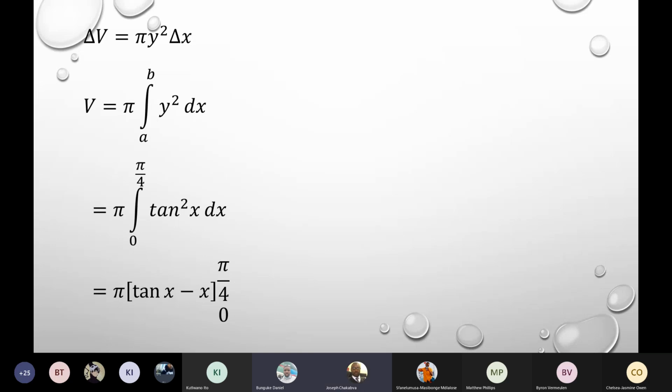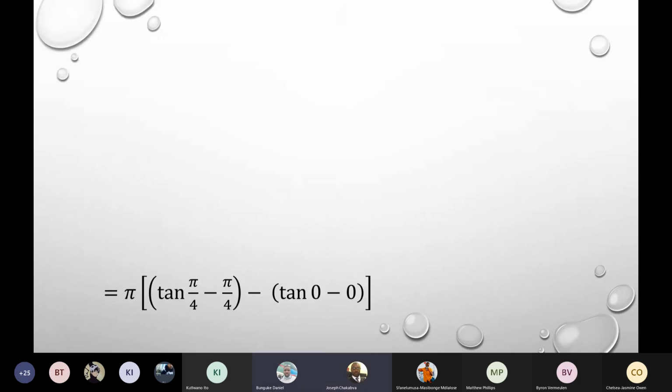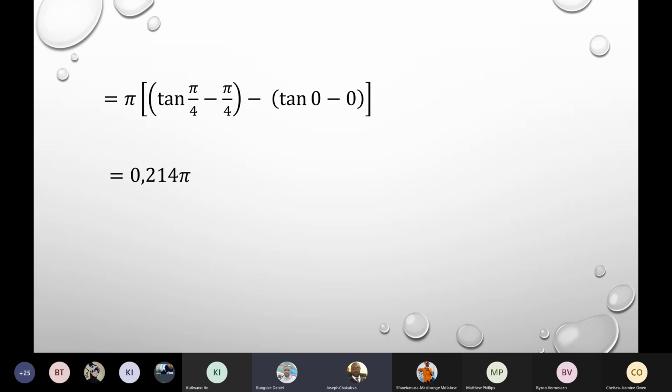Now, to complete the answer here, what we get for volume. So this is just volume. Okay, so next we're going to go to volume moment.